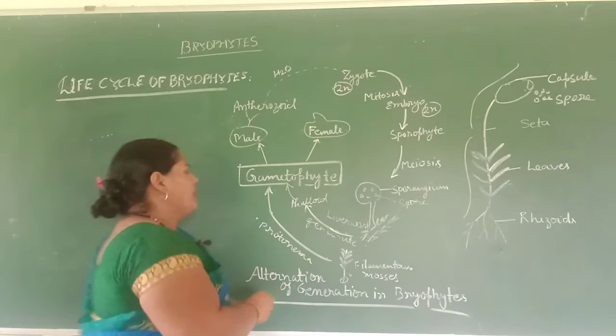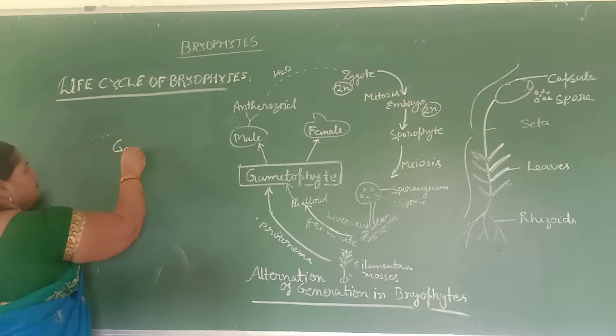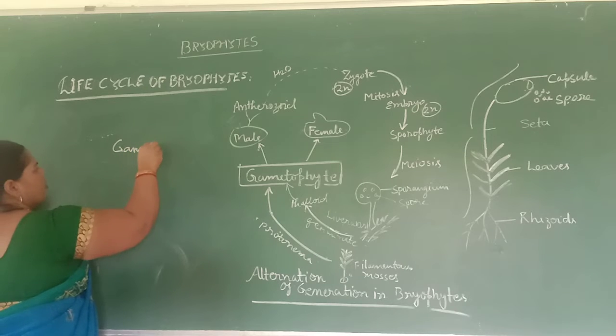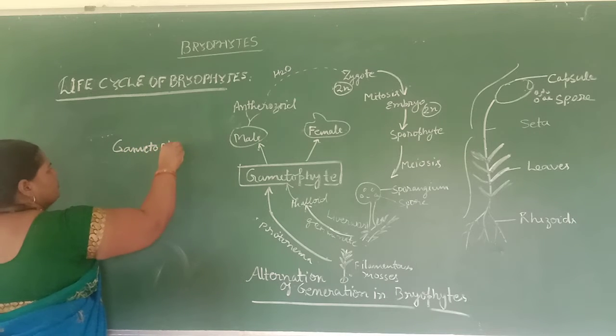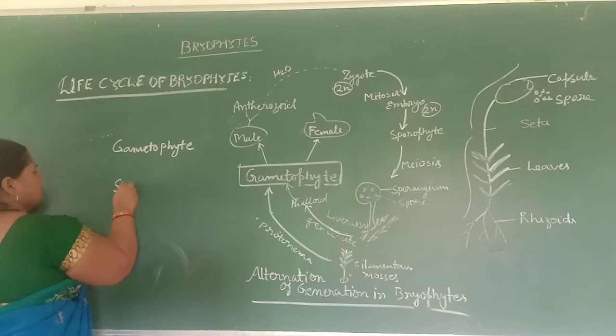Haplontic phase means the gametophytic phase. Here is the gametophyte, and here is the sporophyte.